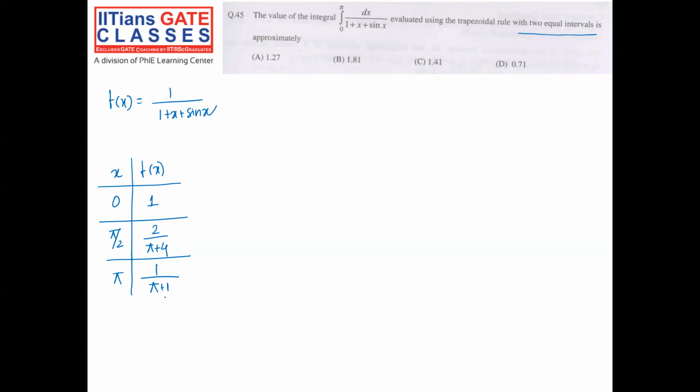Now we have to apply the trapezoidal rule here. So what is the trapezoidal rule? Integration I can be calculated by using the trapezoidal rule with this formula: h by 2 times f of x naught plus f of xn plus 2 times f of x1 plus f of x2 plus so on till f of xn minus 1.